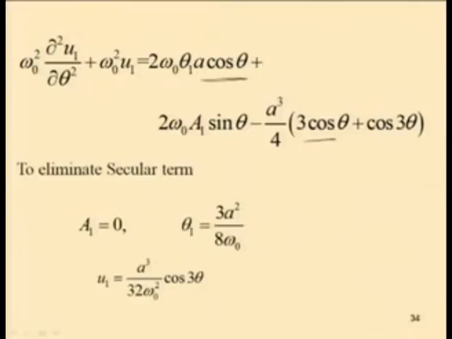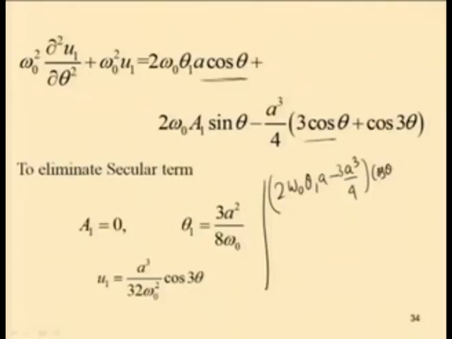So, one can write 2 omega 0 theta 1 a minus 3 a cube by 4, this is cos theta.